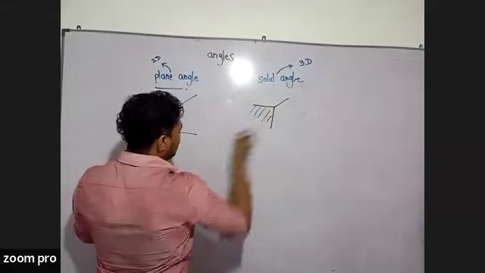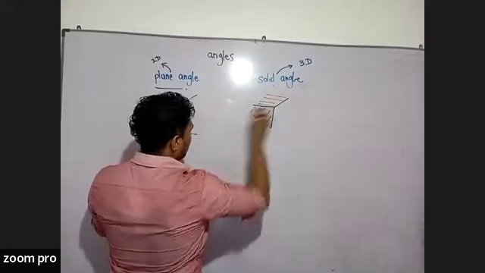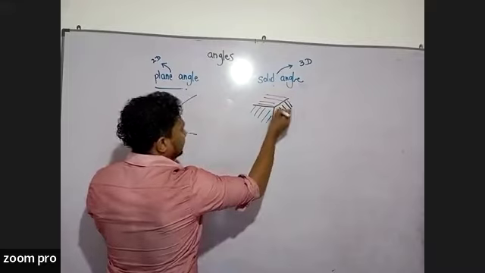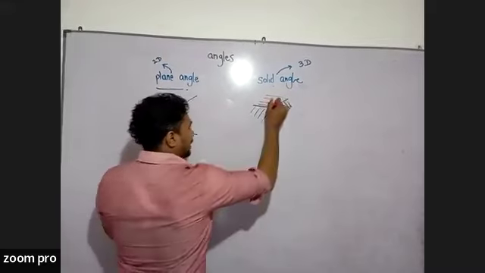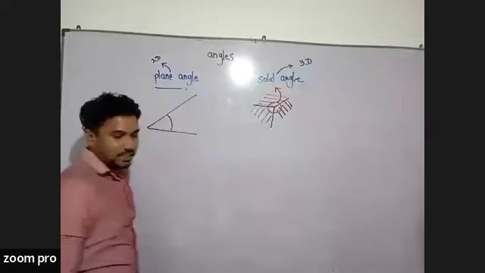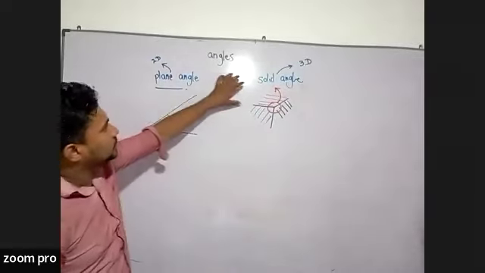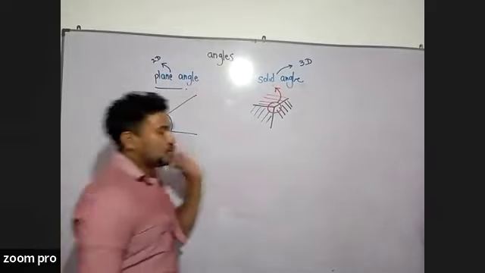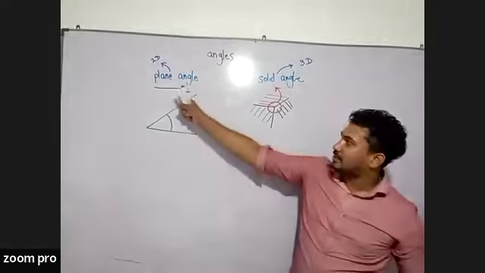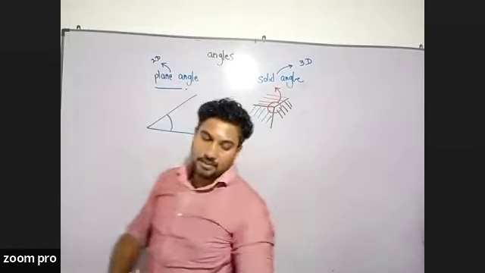This is the first one, and this is the top surface, and this one is the other one. So this kind of angle is represented as a solid angle, right? These are the two types of angles. We don't need to worry about the solid angles, because we have only discussed the plane angles. So that's a very simple thing.